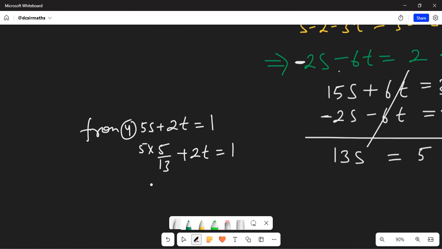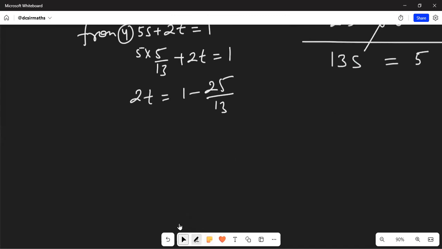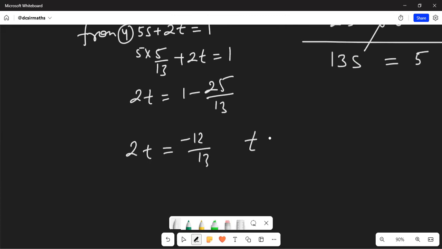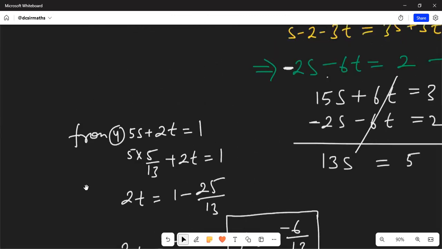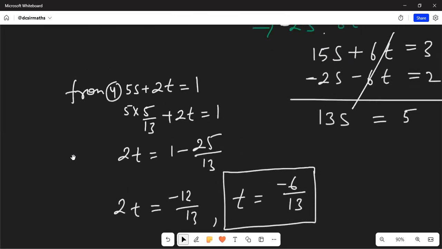That is 25 by 13, so 2t is equal to 1 minus 25 by 13. That will give you 2t is equal to (13 minus 25) by 13, so you get t is equal to minus 6 by 13. I would strongly recommend that while you are learning this, you should write it also, because then all the things will be in front of you and it would be easier for you to link things together. So you get the values of s and t.